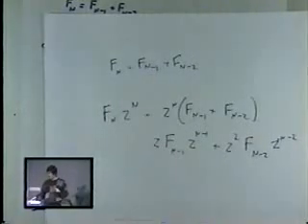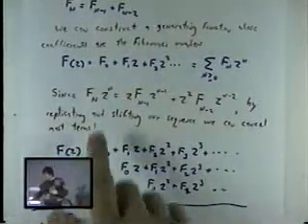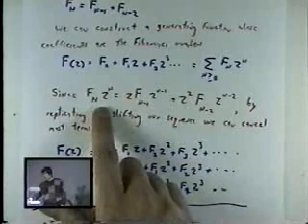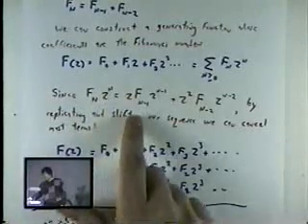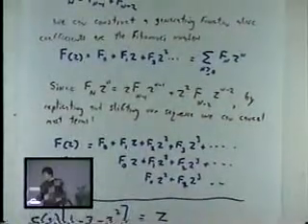Okay? So what do we know? My claim is we know that f sub n times z to the n is going to be equal to these two things. Therefore, let's look at what that means.